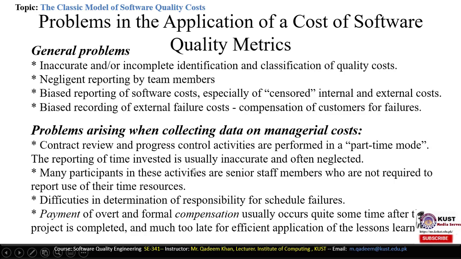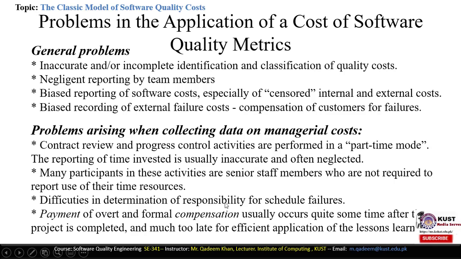And the reporting of time invested is usually inaccurate or often neglected. Similarly, many participants in these activities are senior staff members who are not required to report the use of their time resources. When their resources are not efficiently utilized, then there will be a problem in the measurement of the cost of software quality.